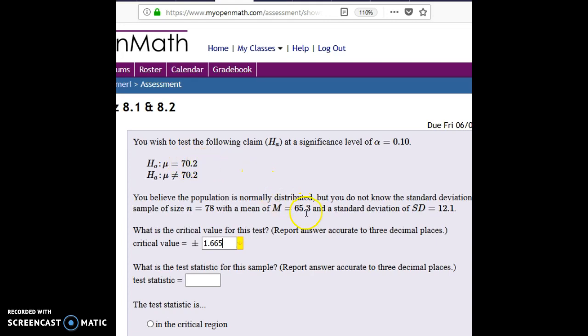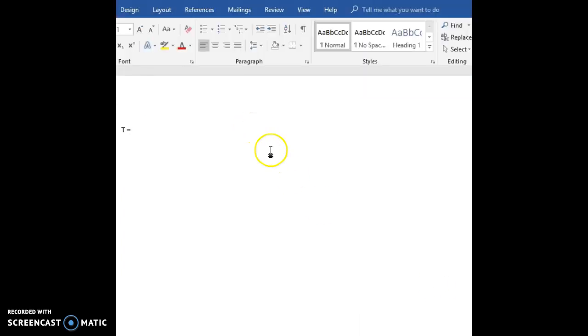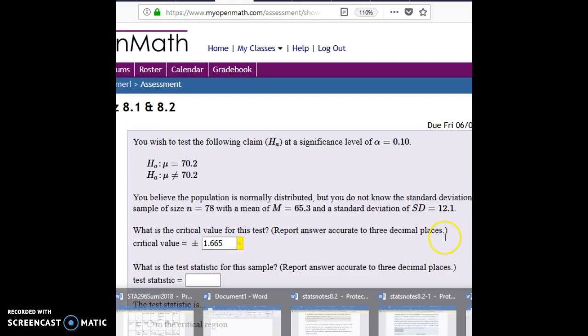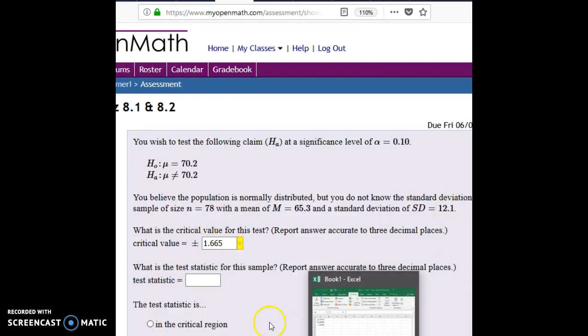So on top, I'll have 65.3 minus 70.2. Now I want to divide this by my standard deviation divided by the square root of the sample size. So let's look back. Standard deviation was 12.1, sample size was 78.